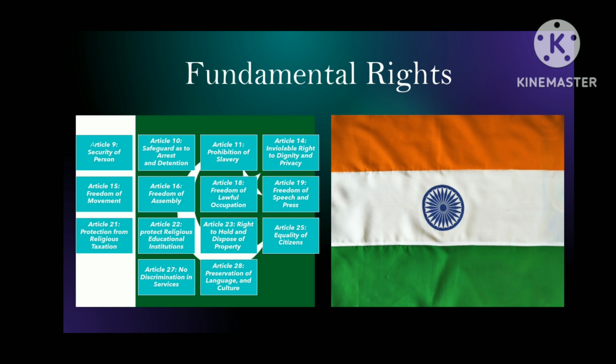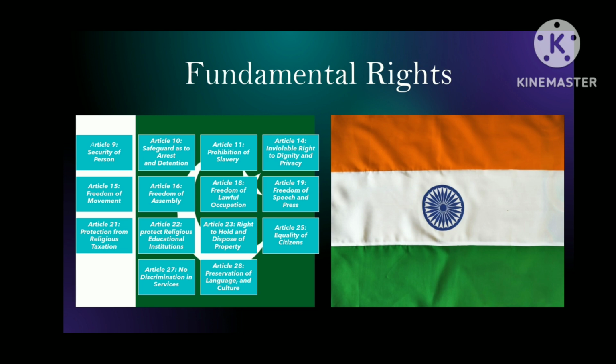Fundamental rights in both constitutions are given here. From Article 9 till 28, the Pakistani Constitution describes the fundamental rights. Let's discuss some of them. In Article 9, security of person.